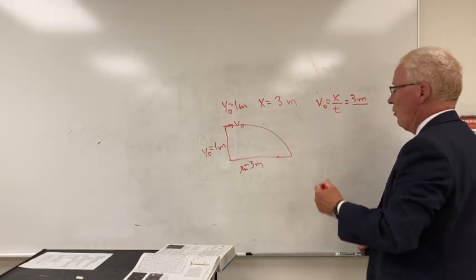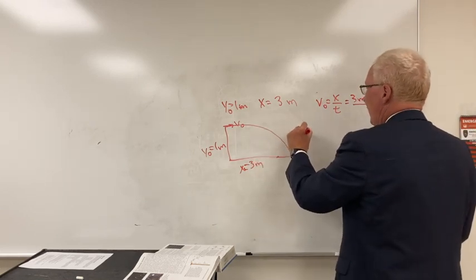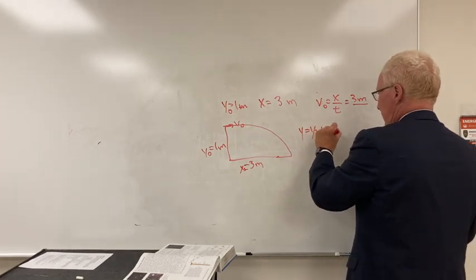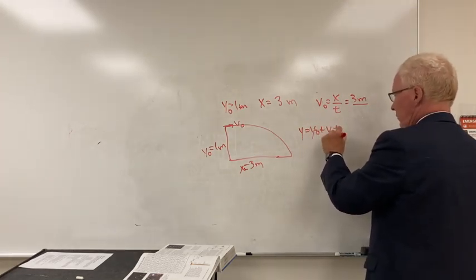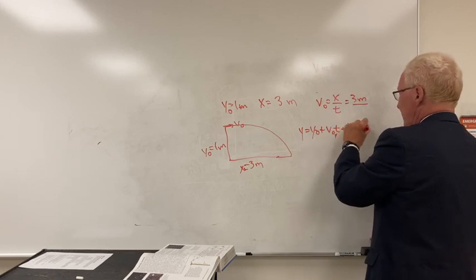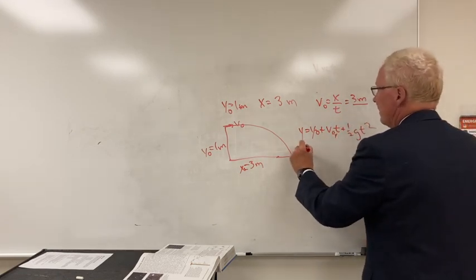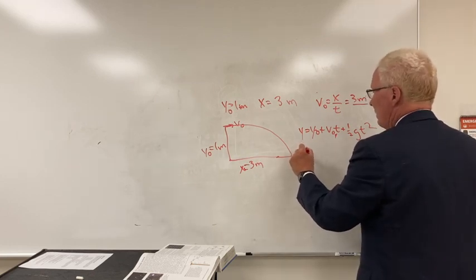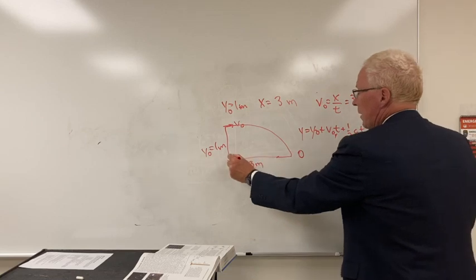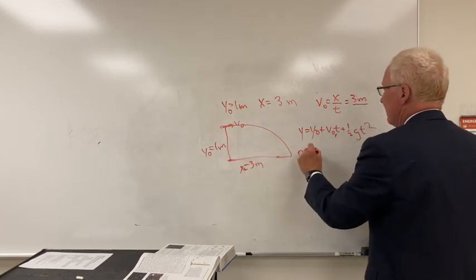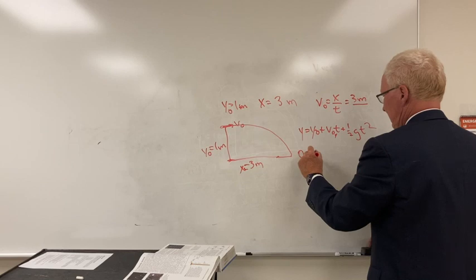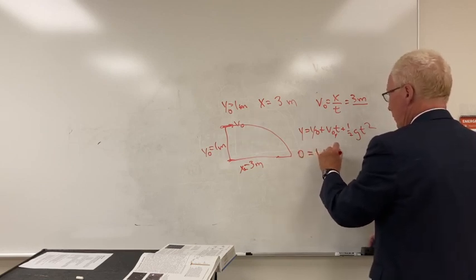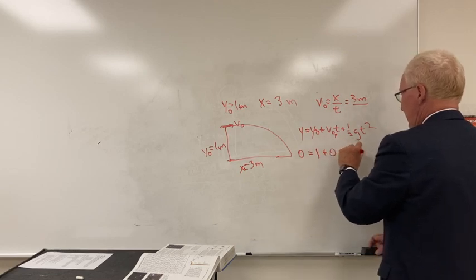So what do we have here? We go back to another thing. y is y naught plus v naught t in the y direction plus 1/2 gt squared. 0 is where it ends up. So this is 1 plus 0 minus 5t squared.